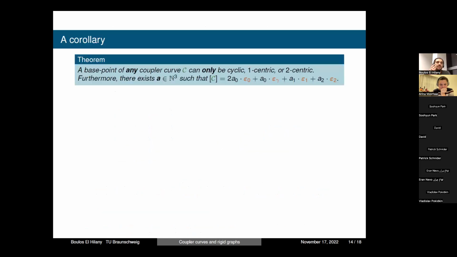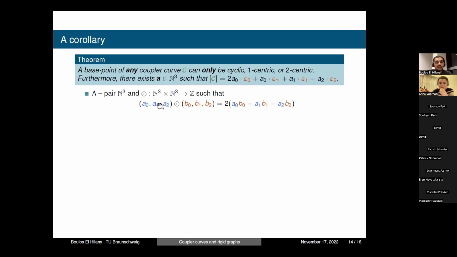So how is this theorem useful? Well, it says that if I look at the product of n3 times n3 to z, I can define a certain product.